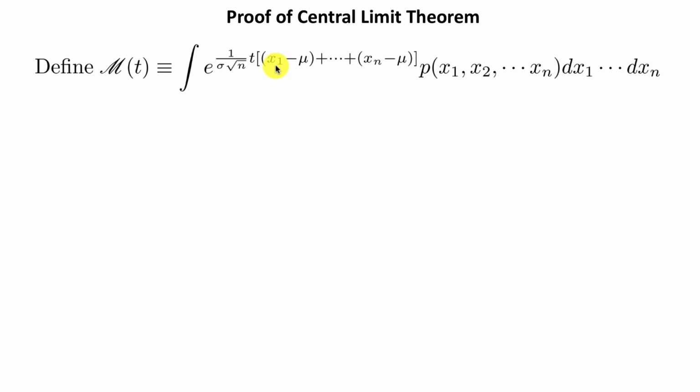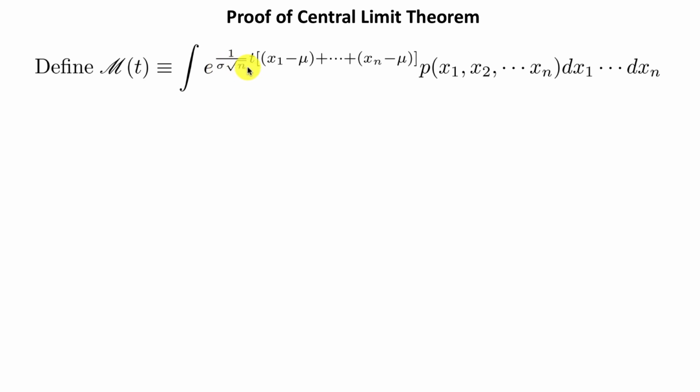So the distance of x1 from mu, and similarly of all the x's from the common mean value, mu, and then, of course, with this factor over here, the standard distribution, square root of n.